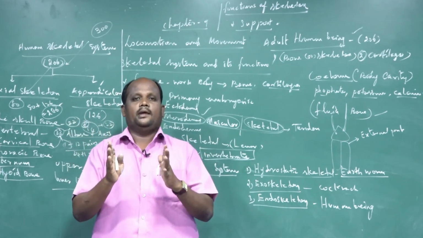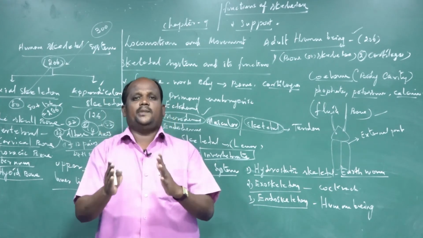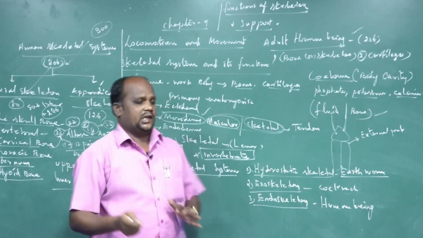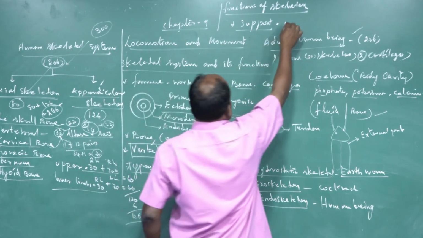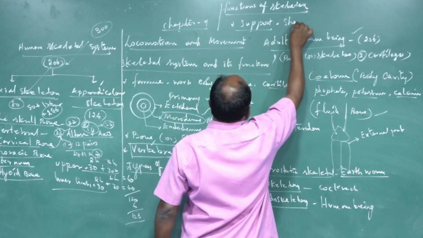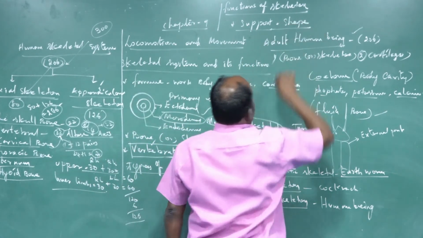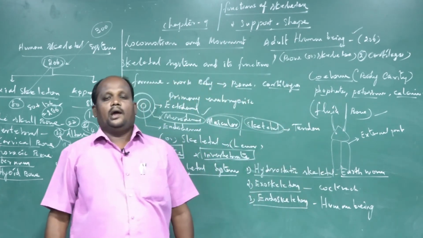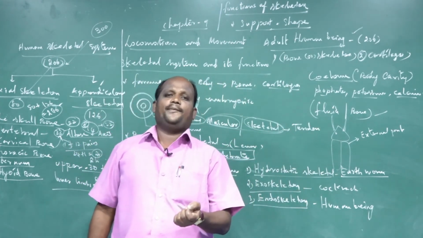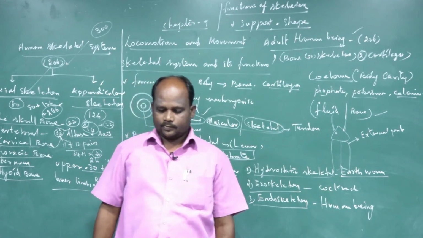So our body shape is designed by the skeletal structure. One is the supportive function, another one is shape. A particular shape is given by the skeleton, which also supports the muscular structure.